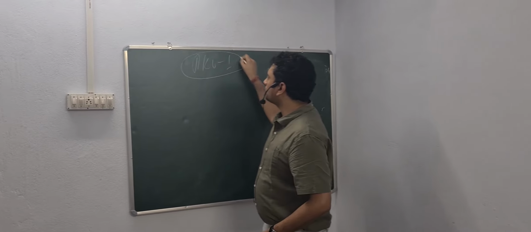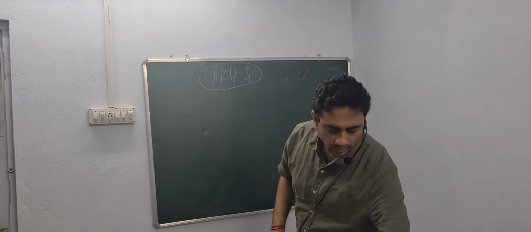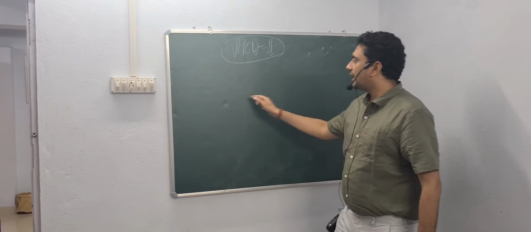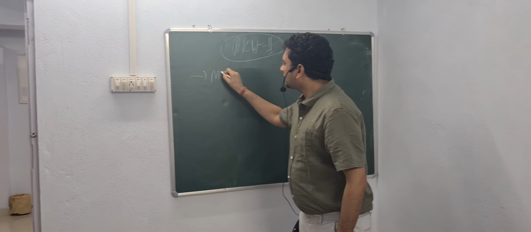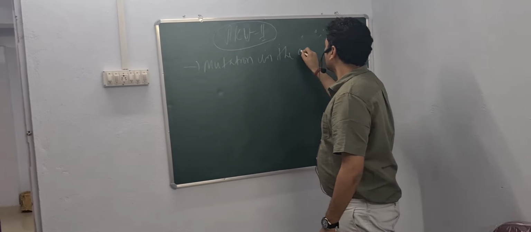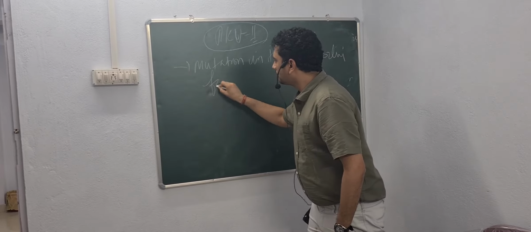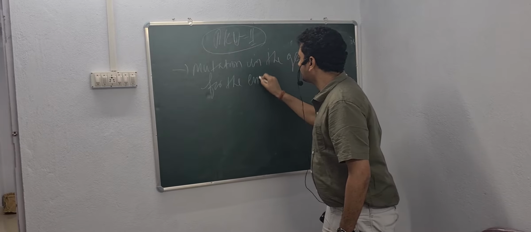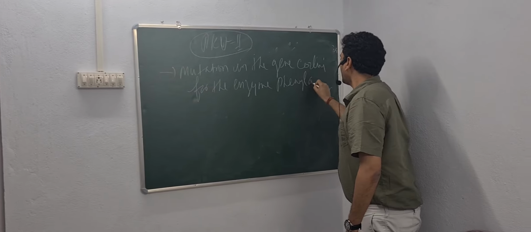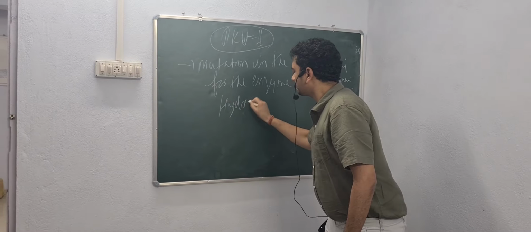As I told you, PKU1 is the most common inborn error of amino acid metabolism, and it happens due to mutation in the gene coding for the enzyme phenylalanine hydroxylase.